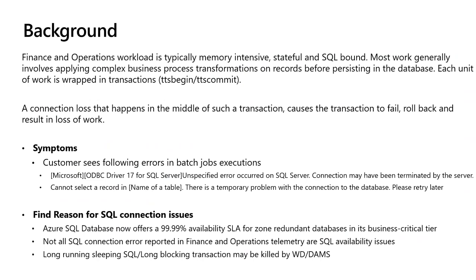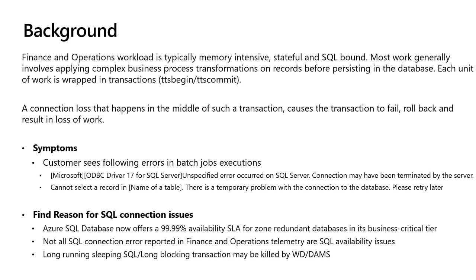We might see a few milliseconds or seconds of connection loss that we call transient connection loss with the database. So that's one scenario where SQL might not be available for 0.01%. This is not going to be very frequent or normal. It's 0.01% that we're talking about here.